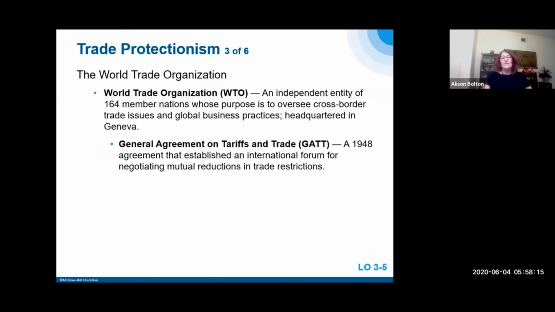So it's called the General Agreement on Tariffs and Trade, GATT. It came about in 1948, and that's when the World Trade Organization was created for negotiating mutual reduction in trade restrictions. So make sure there's not a lot of trade restrictions, but there's time where there needs to be help with those, and the World Trade Organization assists with that.